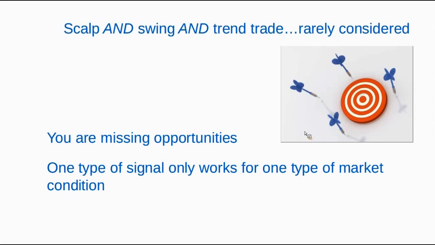But as anybody who's been trading for a while knows, that's not necessarily the case. Sometimes your signal will work just fine, and other times you'll be scratching your head wondering why the market is kicking your butt. That's because the market conditions are changing and you're trying to use the same signal for every single condition. It's like my grandfather used to say, if the only tool you have is a hammer, then you tend to see everything as a nail. It's the same thing when it comes to trading.